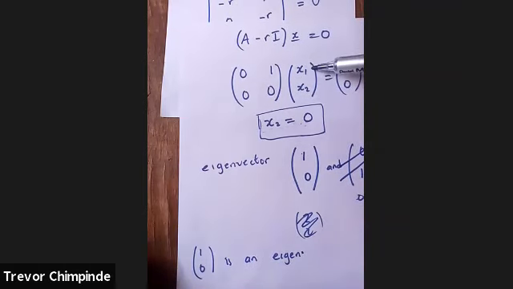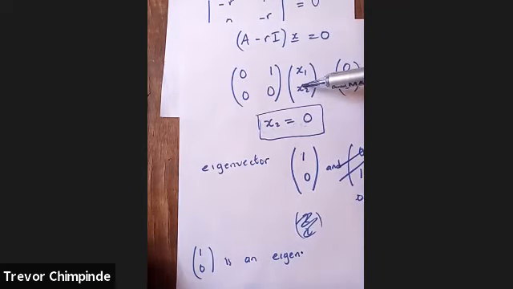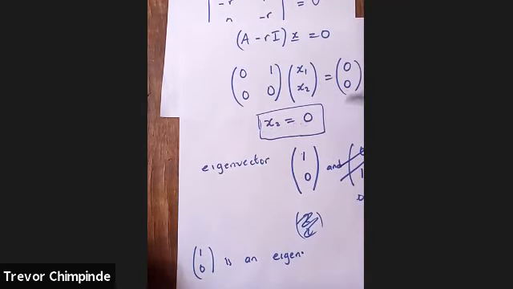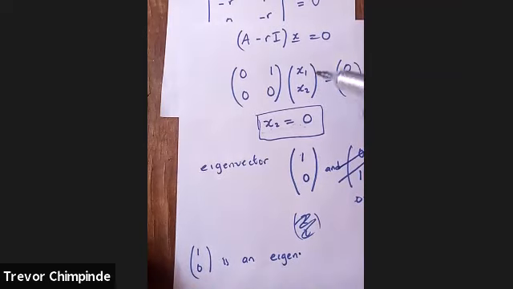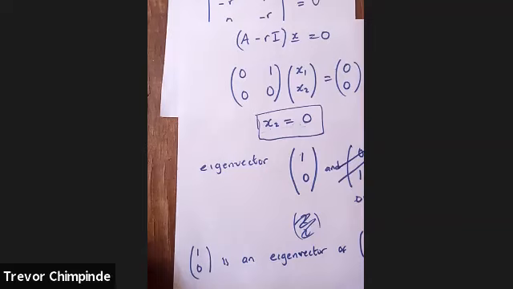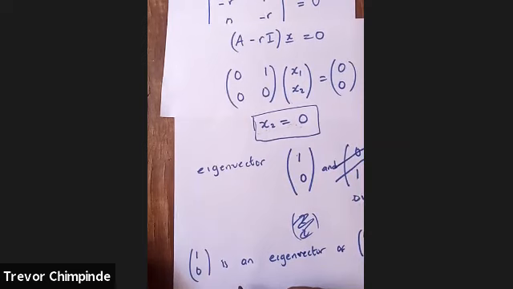If you choose x1 to be 0, x2 is already 0, so you get the 0 vector, which is not allowed. But any x1 other than 0 is fine. So this is an eigenvector of this matrix, 0, 1, 0, 0, corresponding to eigenvalue 0.